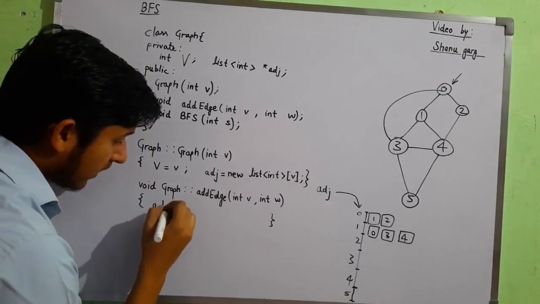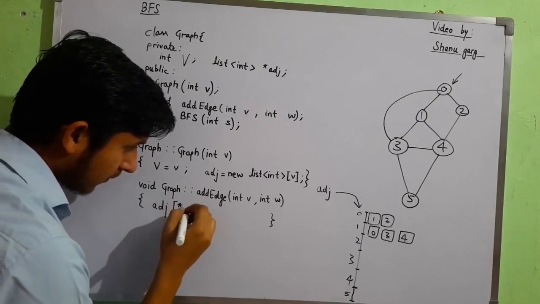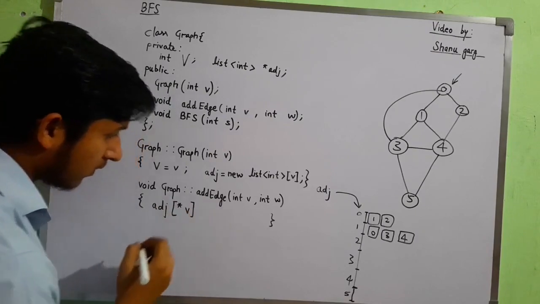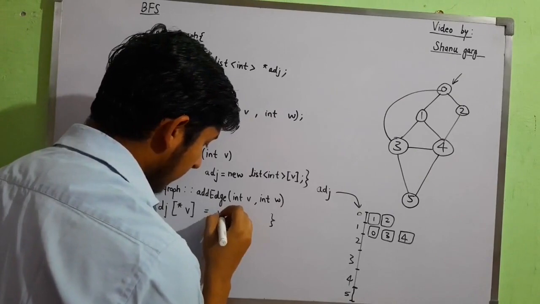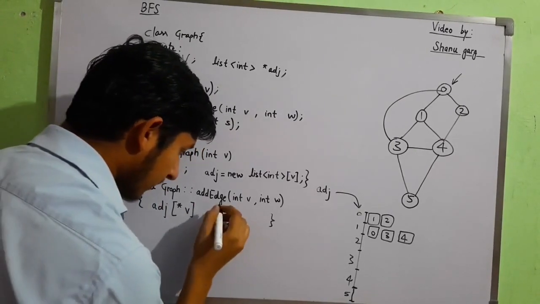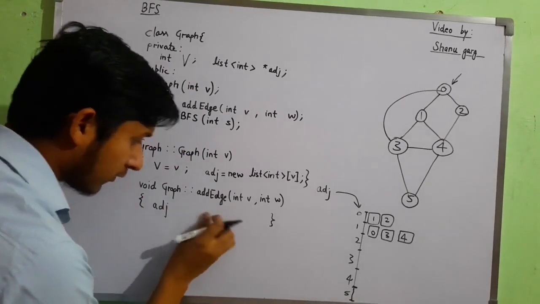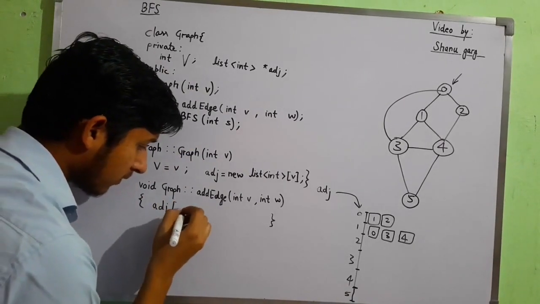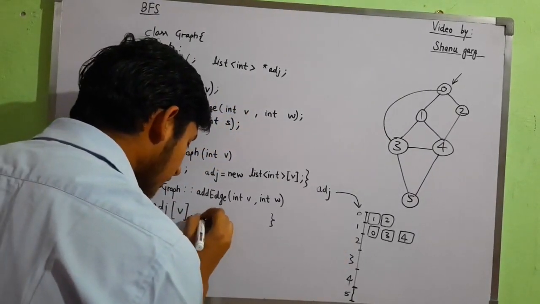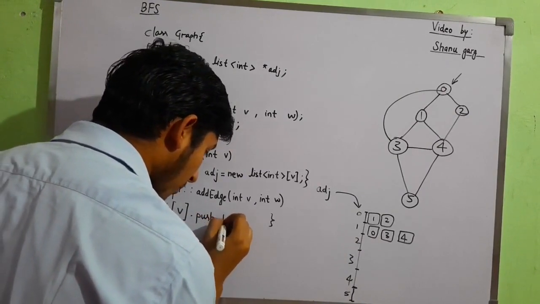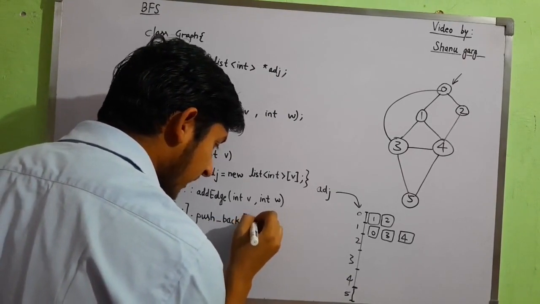in list, we are to put w. Just a second, this dot, sorry for this, I have this list, and for this address I am to push back the integer, that's w.